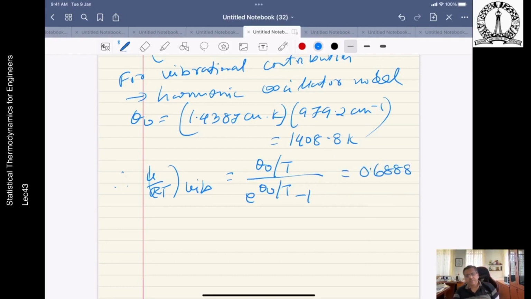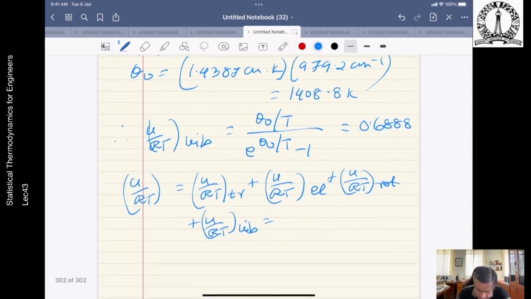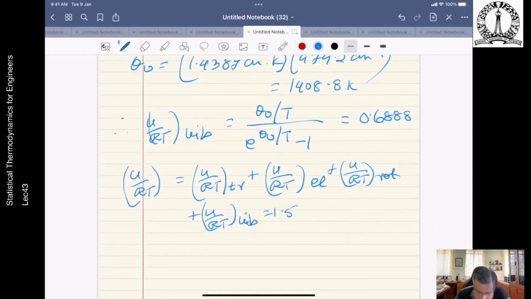Okay, now if we pack all these things together, U by RT is equal to U by RT translational plus U by RT electronic plus U by RT rotational plus U by RT vibrational. So this is given as a summation of 1.5 plus 1 plus 0.6888 plus 0.1629.